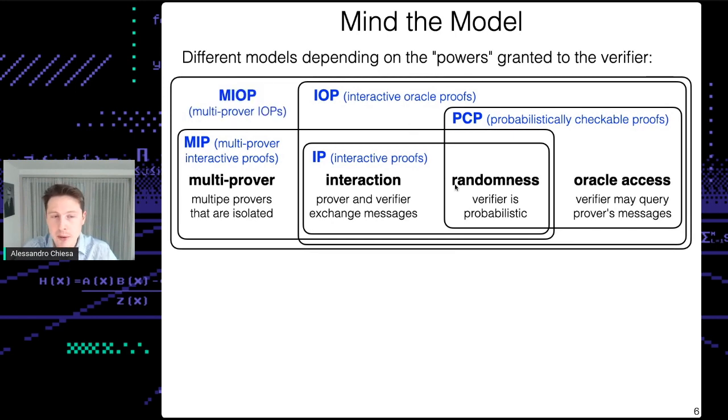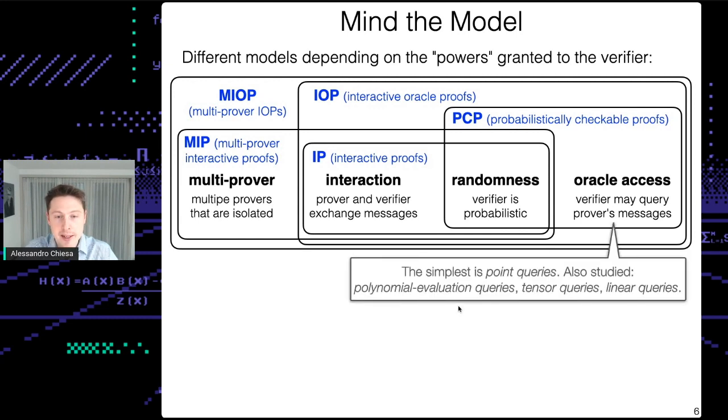So why am I putting down this diagram? First, I wanted to at least communicate at a very high level how different probabilistic proof models differ. It's really all about what powers the verifier has in this information theoretic model. And I would also like to mention that, especially on the oracle axis, there are a number of different flavors you could consider.